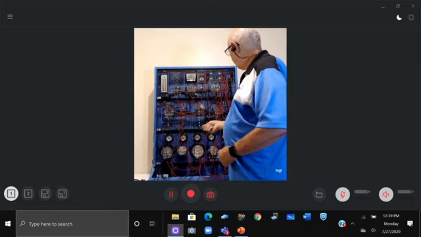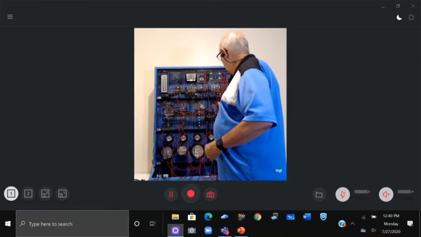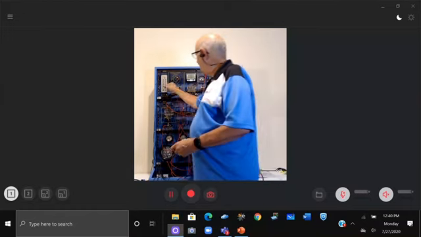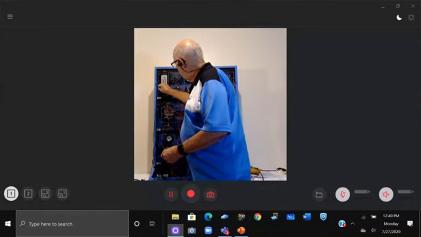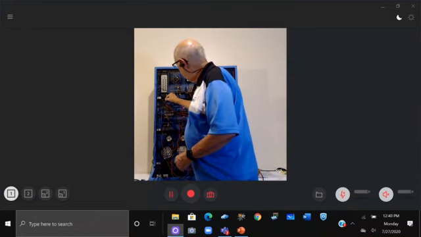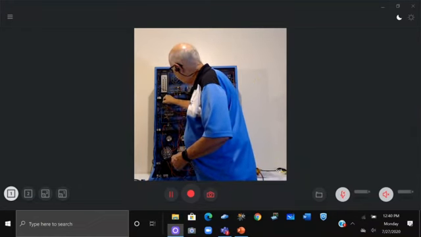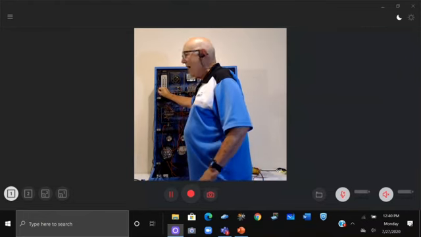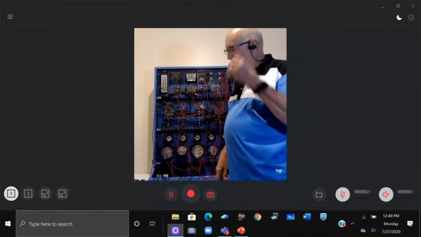Ground. Output module. And the last one is the ECM. Now, normally speaking, you would all have your own trainer and be wiring these.